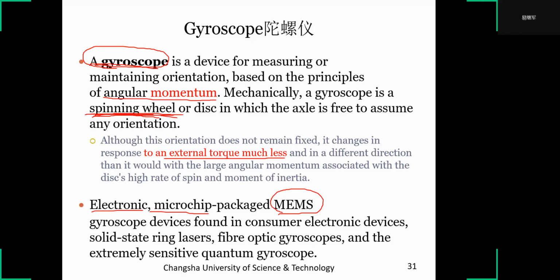Gyroscope devices are found in consumer electronic devices, solid state ring lasers, fiber optical gyroscopes, and the extremely sensitive quantum gyroscopes. This is the application for the gyroscopes. Some cell phones have a gyroscope.